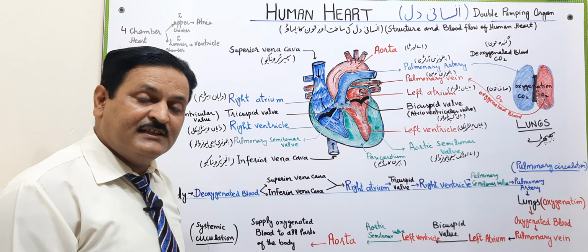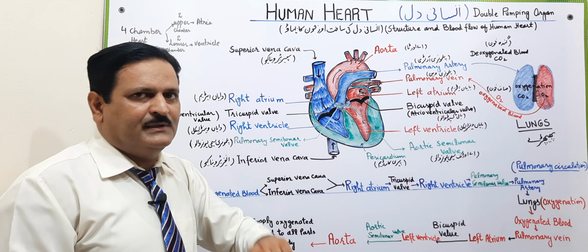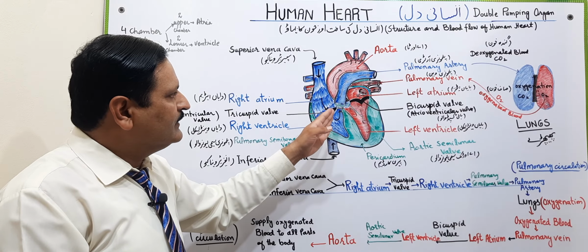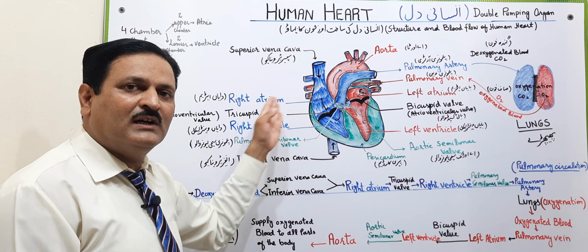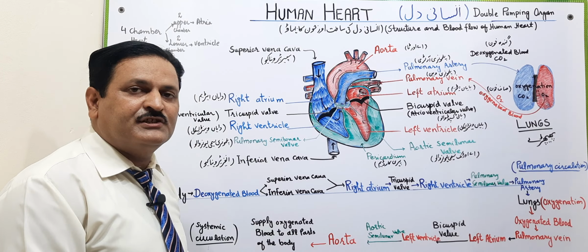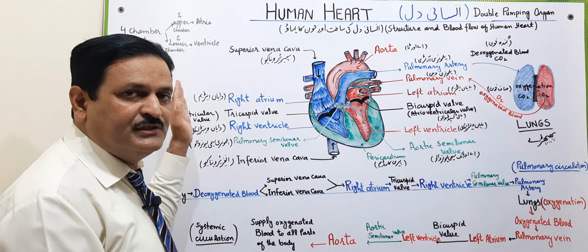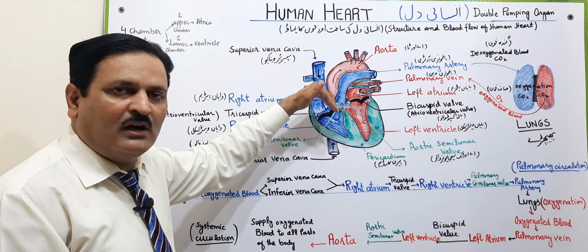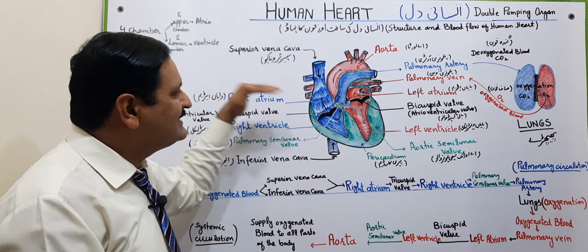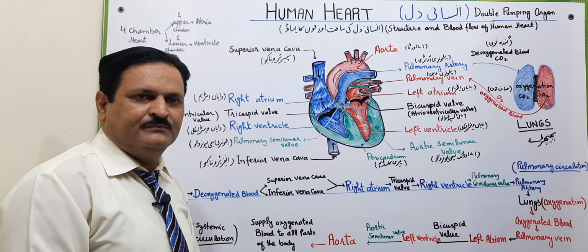Another is systemic circulation. In systemic circulation, the oxygenated blood of the heart moves to the different systems of the body, and the deoxygenated blood of the different systems of the body comes back into the heart. This is called systemic circulation.